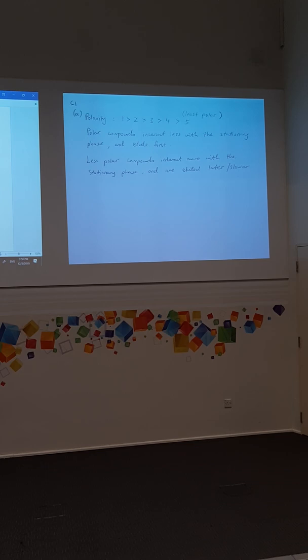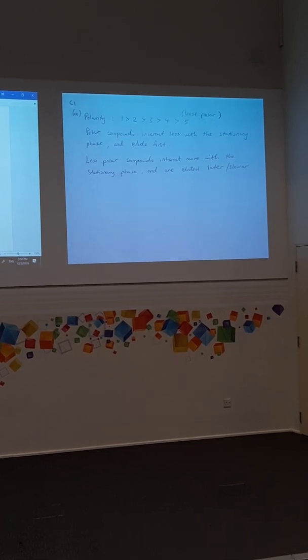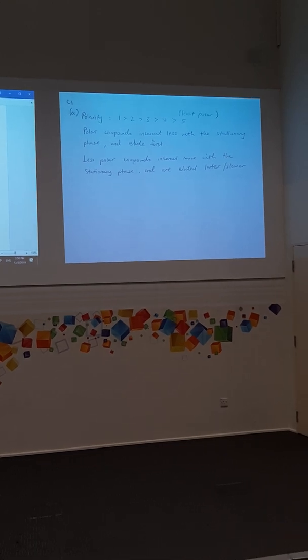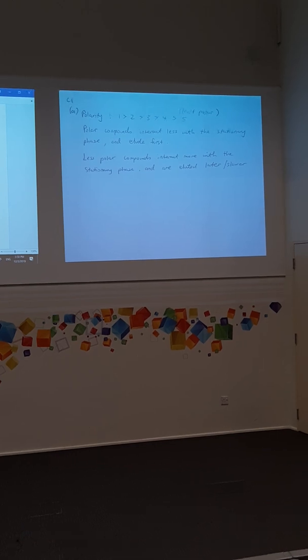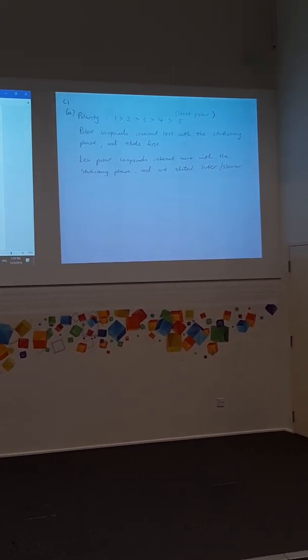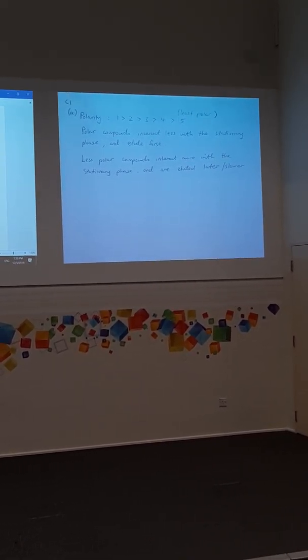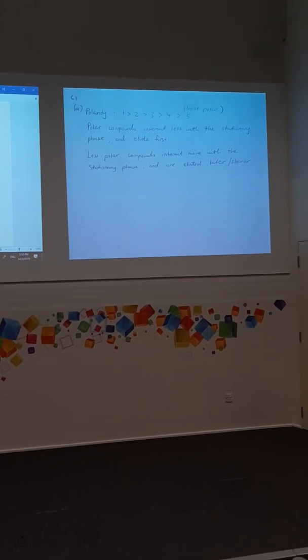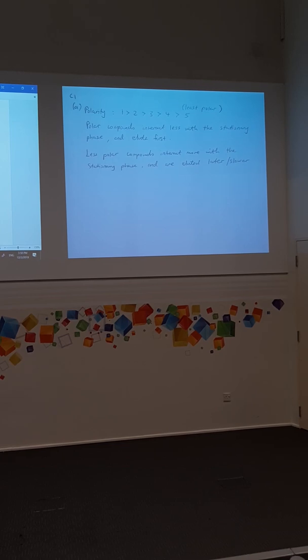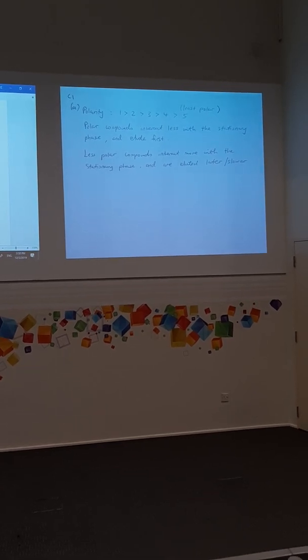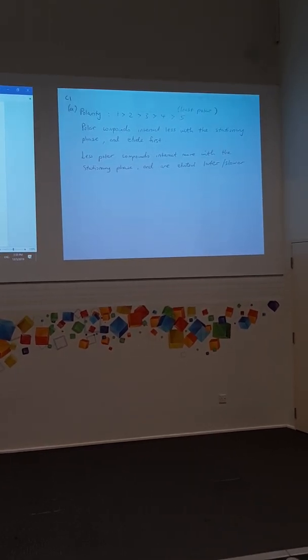Right? Basically you need to look at the polarity of the stationary phase. You need to look at the polarity of your analytes, and then the interaction between these two. For this case, because we don't know the identity of the individual compounds, we can comment from the generic perspective.